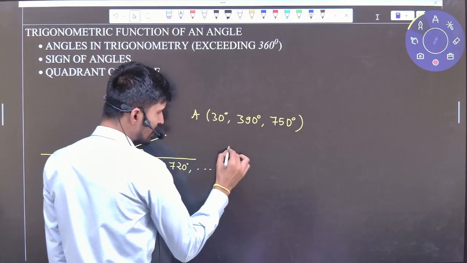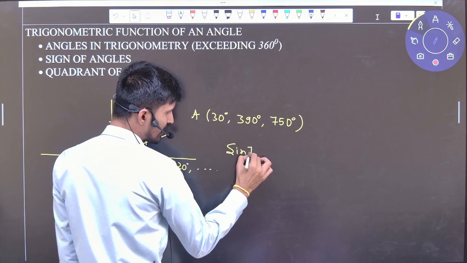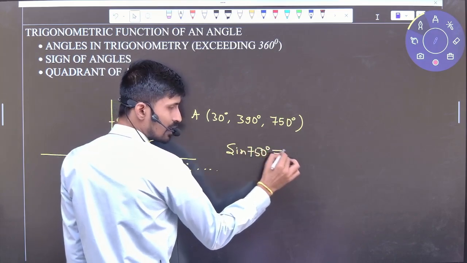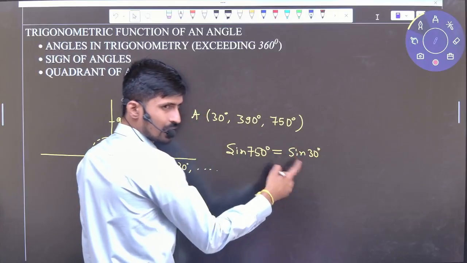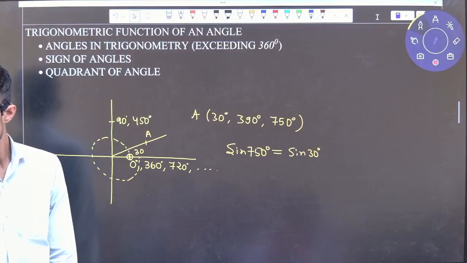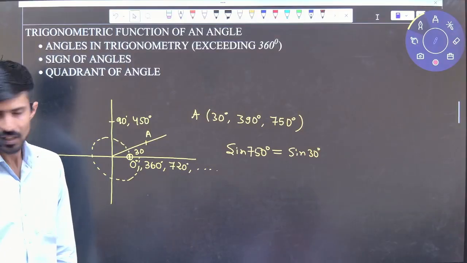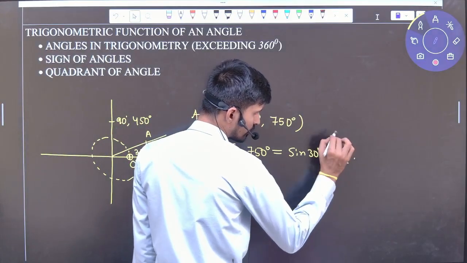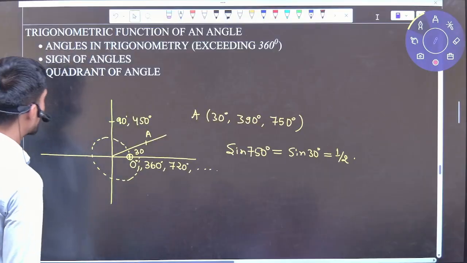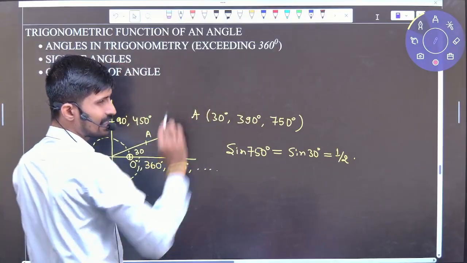It means if someone asks what is sine 750 degree, sine 750 degree will be the same as sine 30 degree, because both angles are at the same position. So the value is also going to be the same. So what is sine 30 degree? 1 by 2. So this is the first topic, angles in trigonometry exceeding 360 degree.